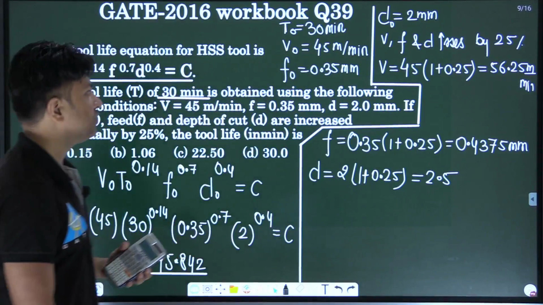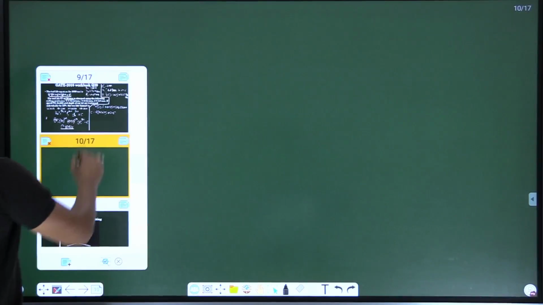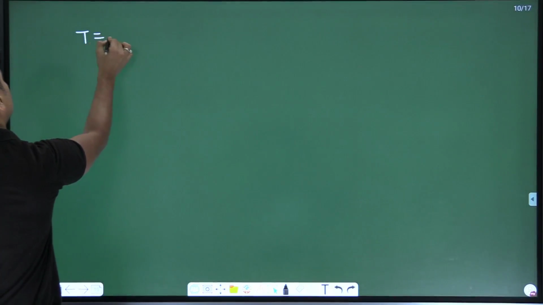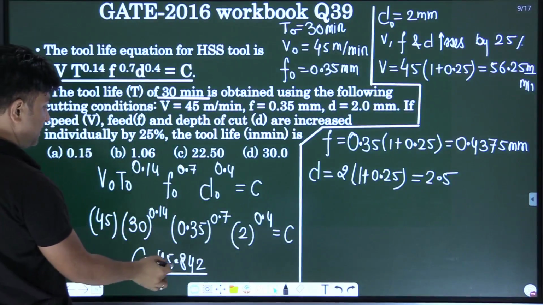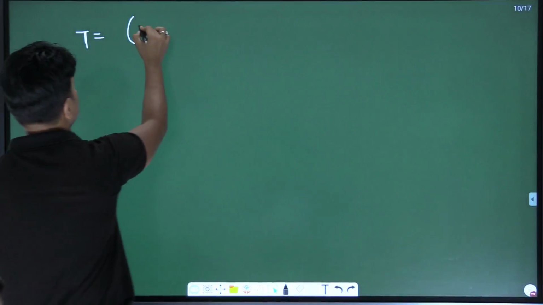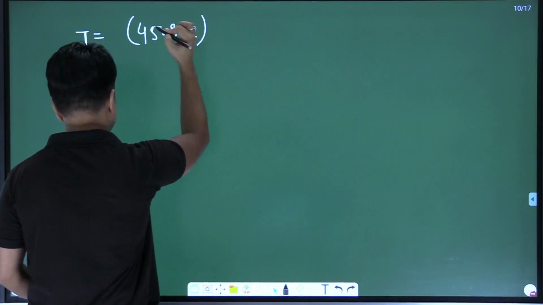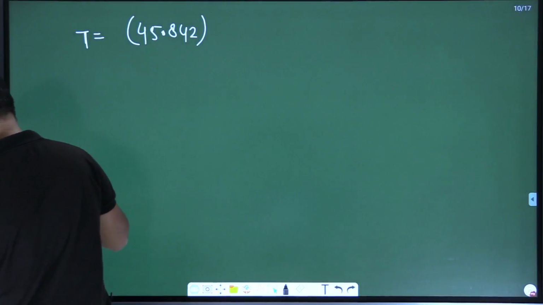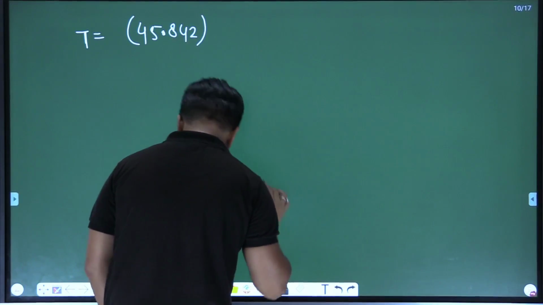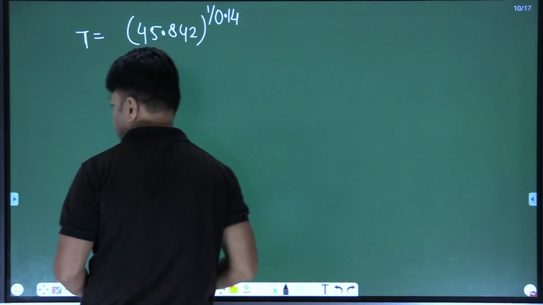Now, you have to calculate the tool life. T2 equal to C, where C is 45.842, to the power 1 divided by 0.14, right?